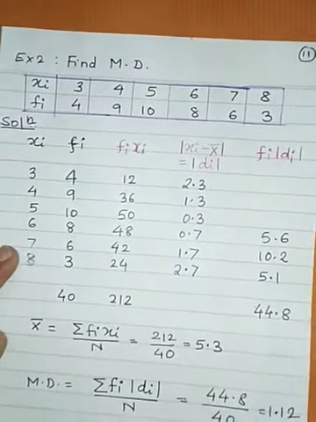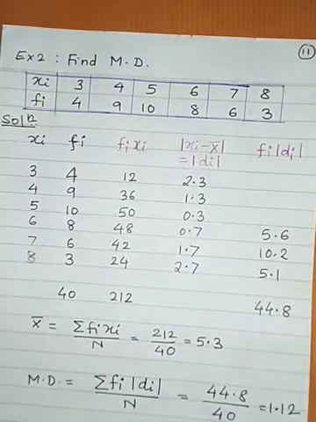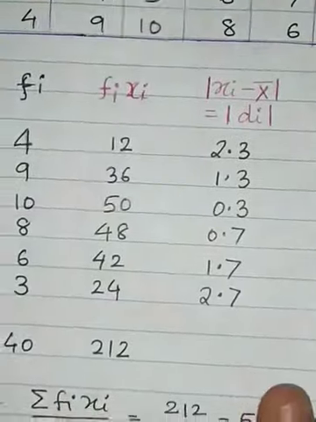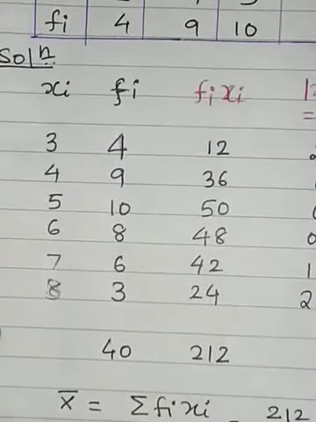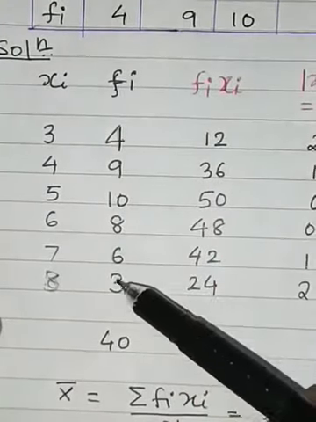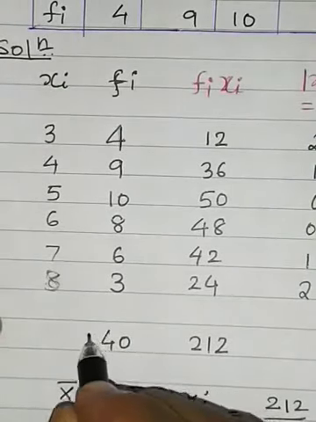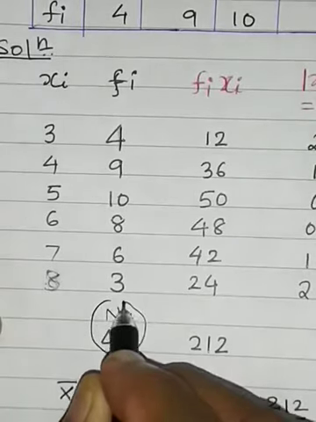So first what we have done, we have written them vertically, xi and fi. First you add the fi column, that gives you n. So n is equal to 40.